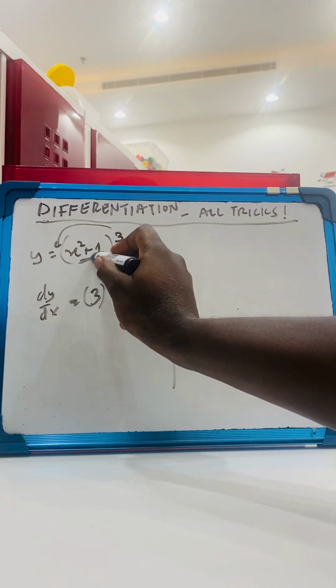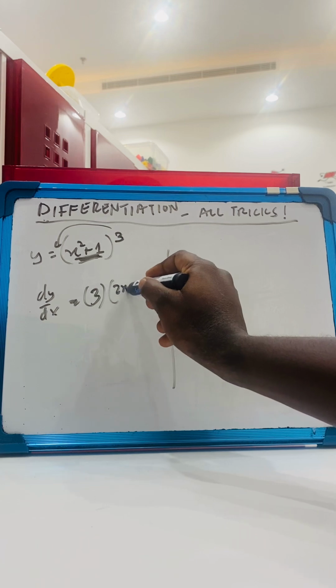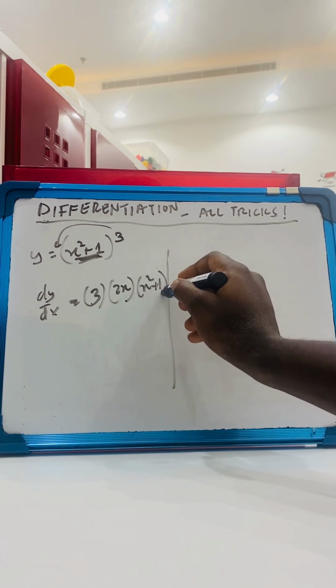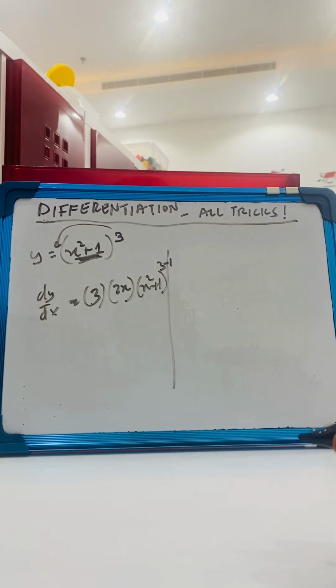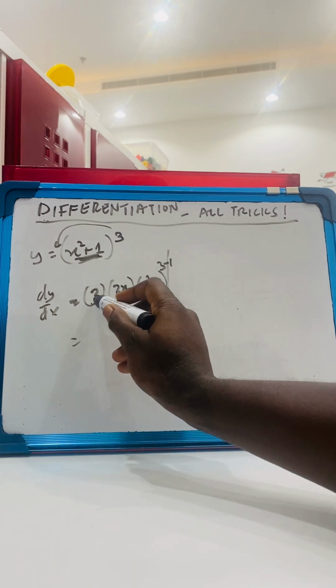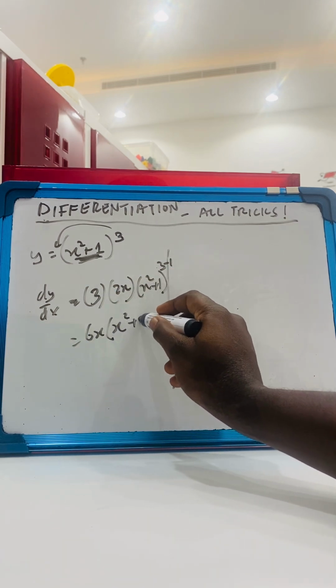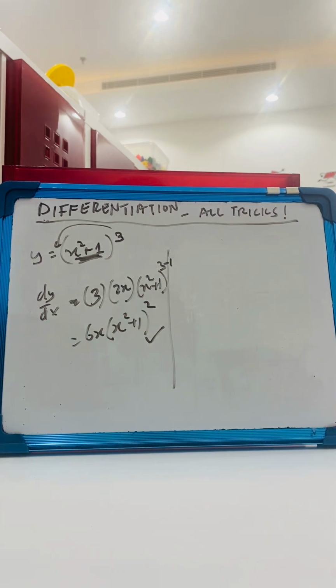Now I'll derive what's in the bracket. Find the derivative of what's in the bracket. I have 2x. Keep my bracket, x squared plus 1. Now reduce the power by 1. Then we can simplify the expression. 3 times 2x is 6x. Keep my bracket, x squared plus 1. 3 minus 1 is 2. That is my derivative.